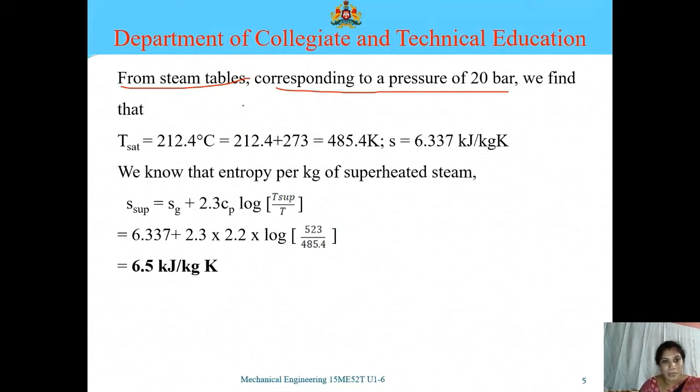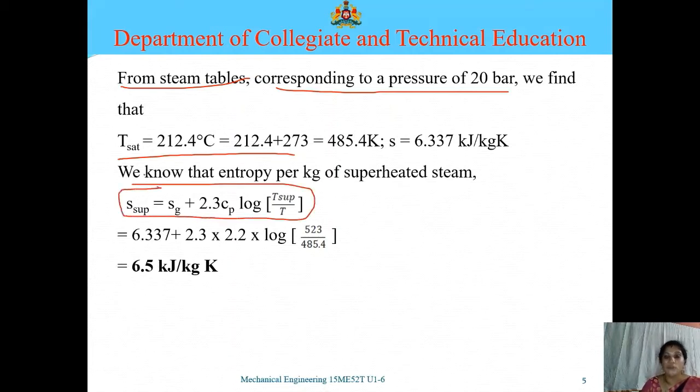So from the steam table, for pressure 20 bar, the saturation temperature is what? 212.4 degrees Celsius. If I want to calculate the entropy, as I have told you, you remember the formula.